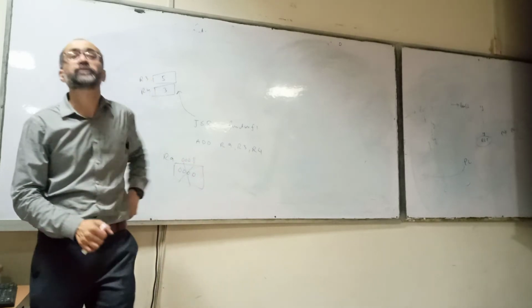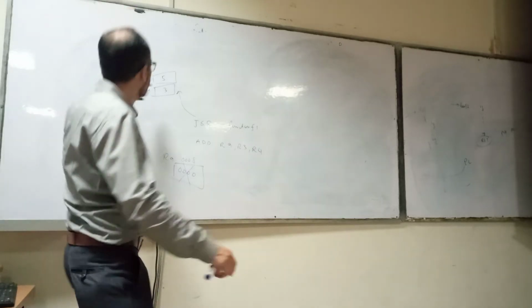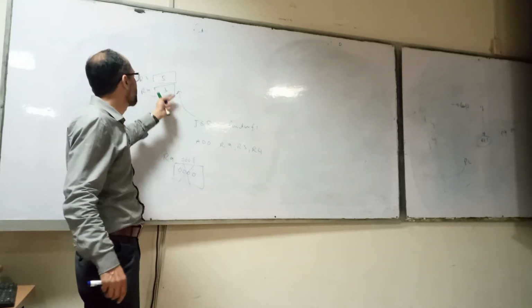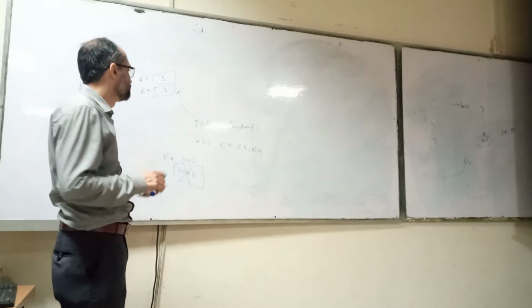It may not be 8. Why? Explain this. Sorry, both are in hexadecimal, whatever. 5 is also hexadecimal. If you add 5 and 3, it's 8. It may not be 8. Why?